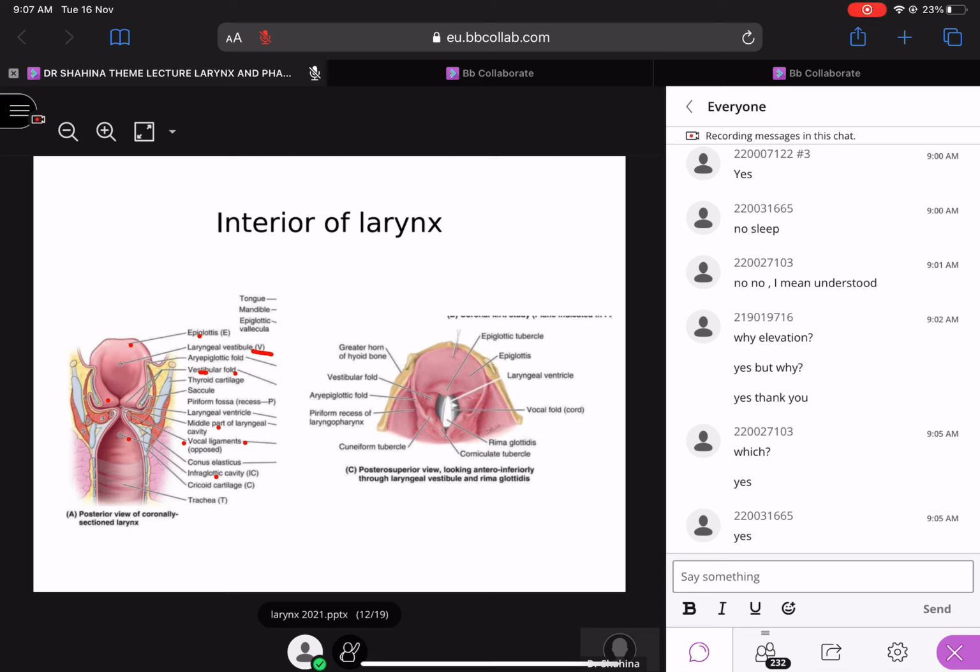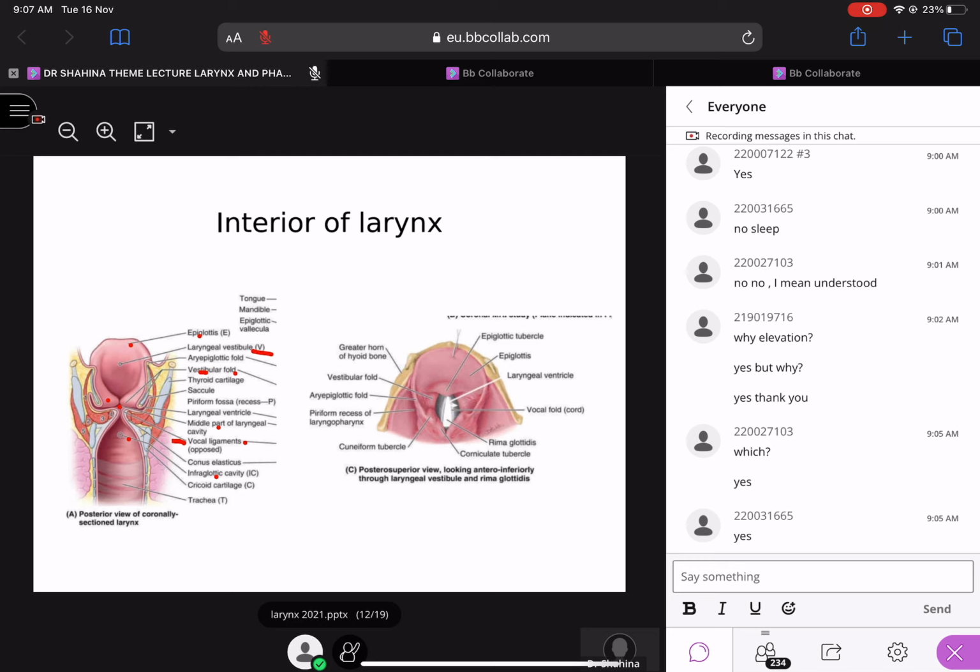This is called the sinus of the larynx, and this is the infraglottic part, below the vocal folds. So vestibule or supraglottic, sinus or ventricle, same, and the infraglottic part.